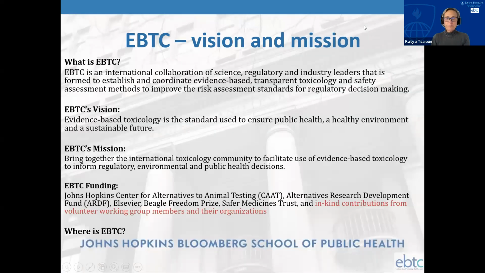So now a little bit about EBTC. Evidence-based toxicology collaboration is a collaboration of science, regulatory, and industry leaders that is united by a vision to bring evidence-based toxicology and systematic reviews to become the standard that's used to ensure public health, healthy environment, and sustainable future.